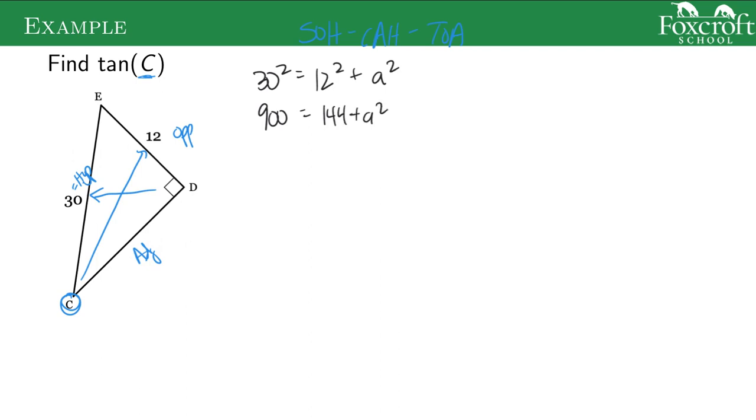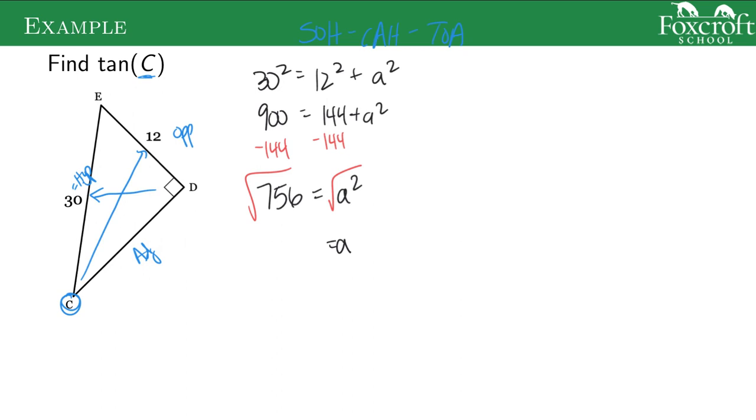Now I want to solve this for A, so I need to subtract the 144 to the other side. Get 756. Now that I have A by itself, I'm going to take the square root of both sides. And A is the square root of 756, which is not a nice number. So we've got to see if we can simplify this square root at all.